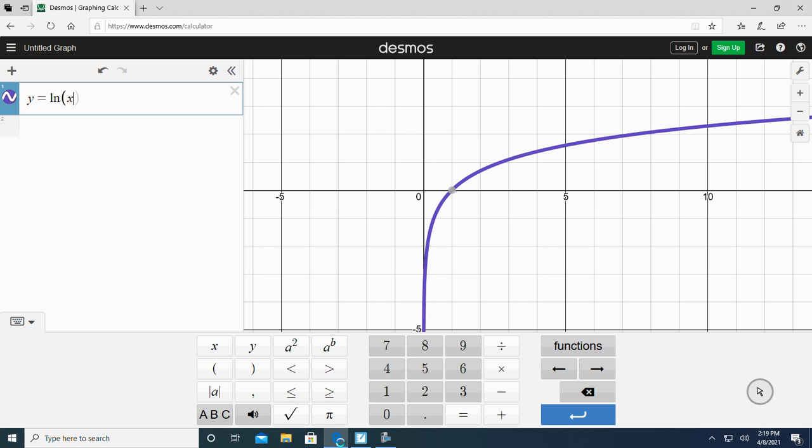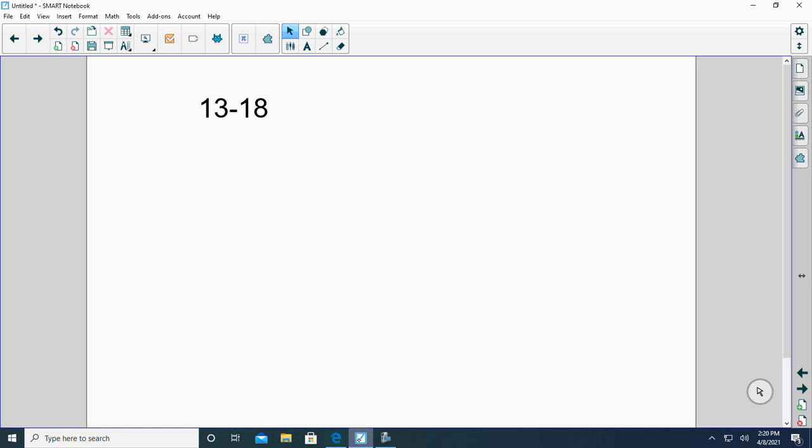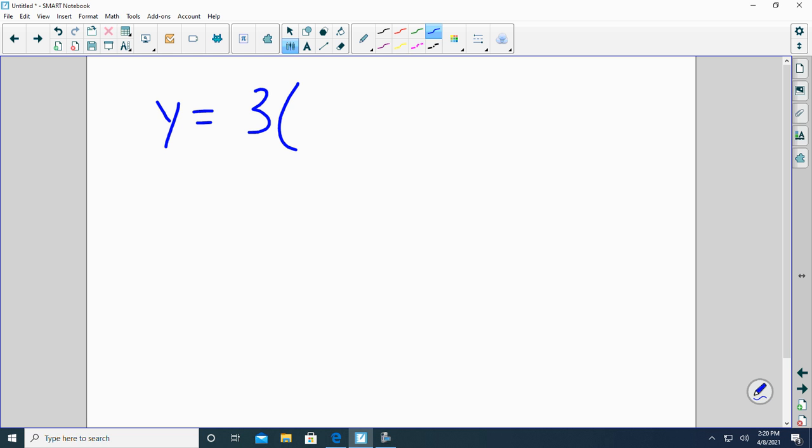Now, there is a problem with exponential growth and exponential decay. Right now that's a growth situation. But let's graph y equals 3 times 1/2 to the x.